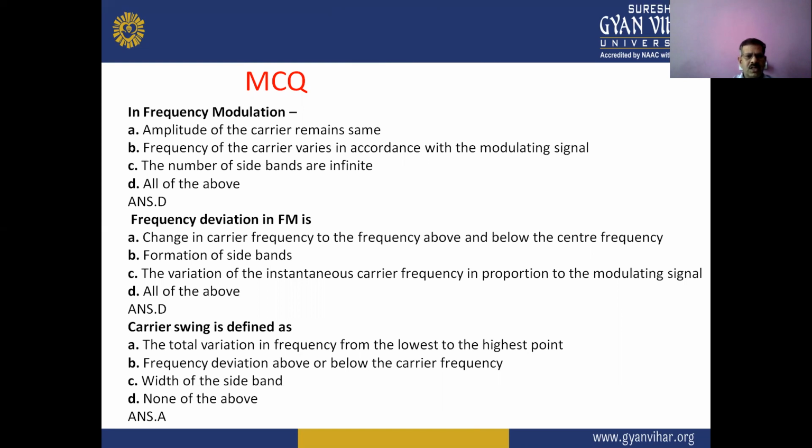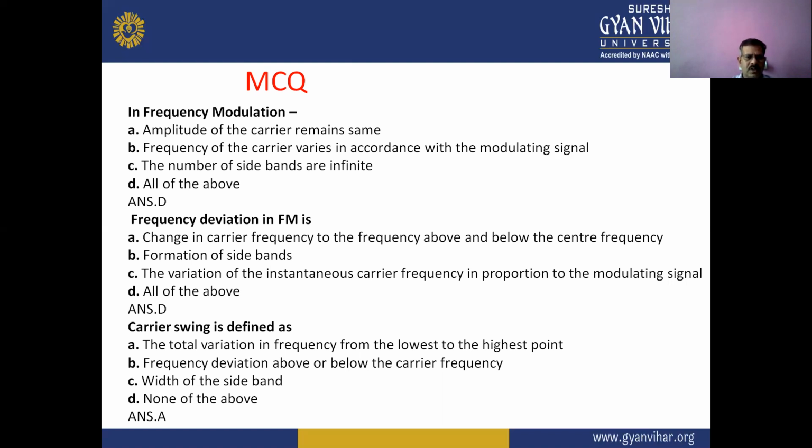Option C, the variation of the instantaneous carrier frequency in proportion to the modulating signal. Option D, all of the above. So the correct answer here is option D, because for frequency deviation, all options A, B, C are correct. So the correct answer is option D.